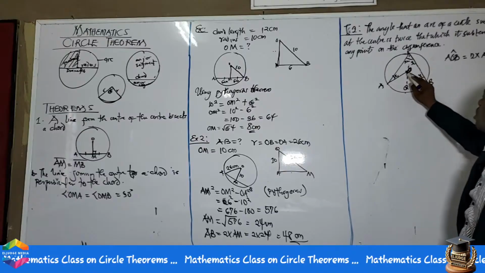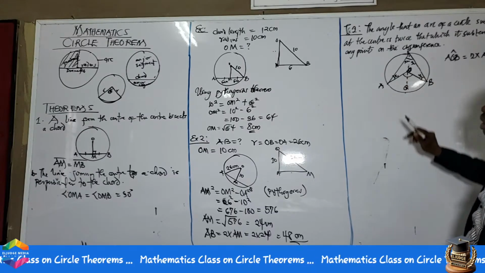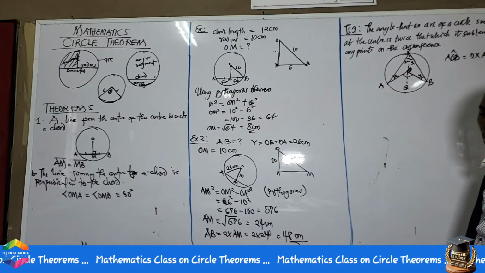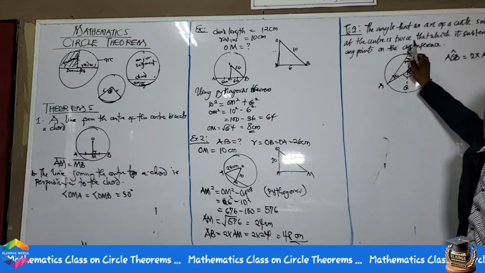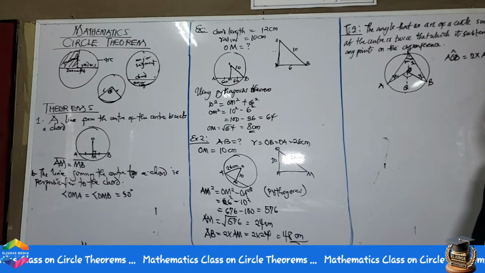So the angle that this subtends at the center, we want to prove that it equals twice the angle subtended at the circumference.